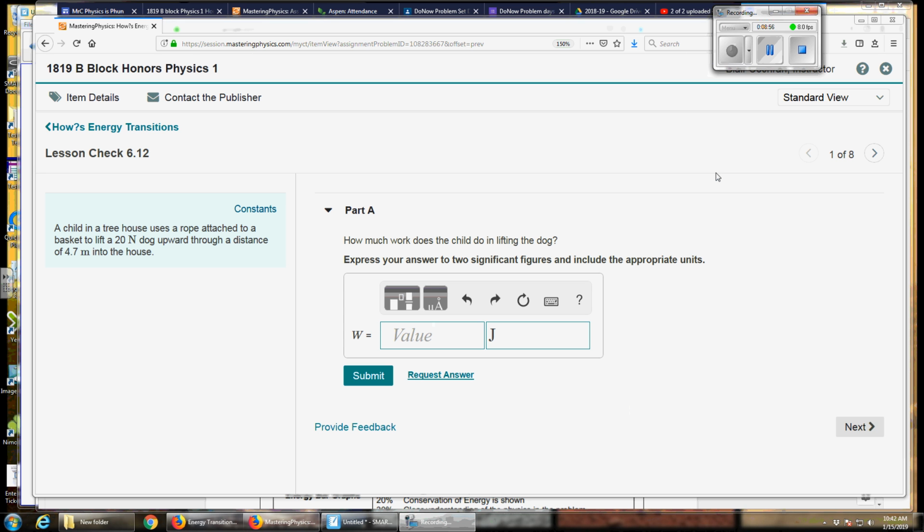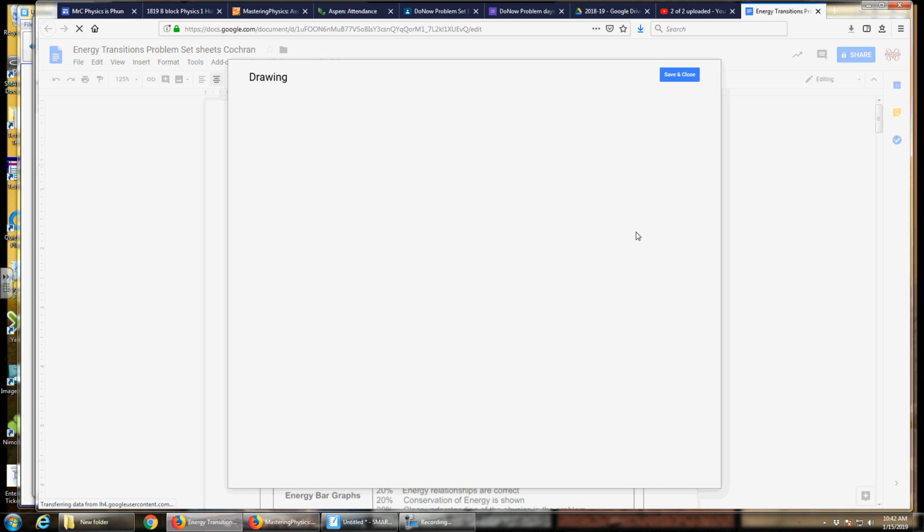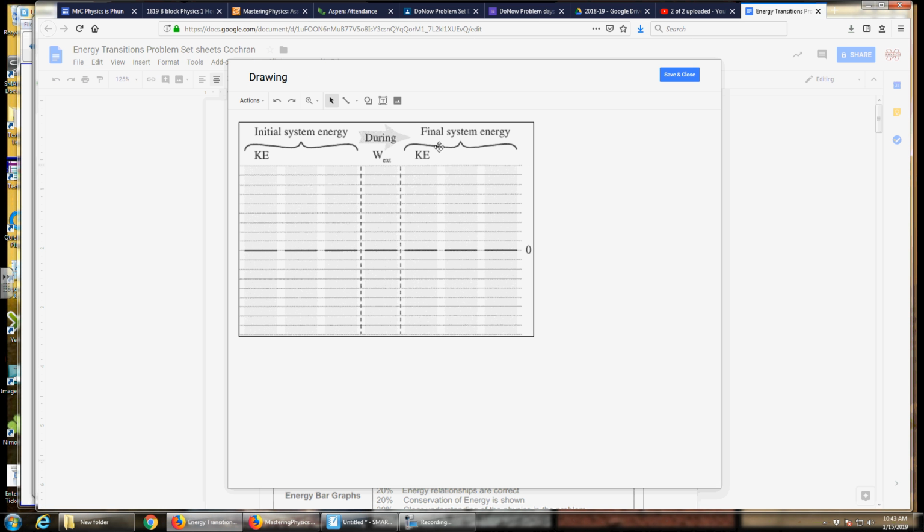All right, on to number 1. You've got a child with a treehouse. Use a rope to lift a dog up to the treehouse. That's a pretty tall treehouse. That's impressive. All right, so I'm going to add my PE grav again.